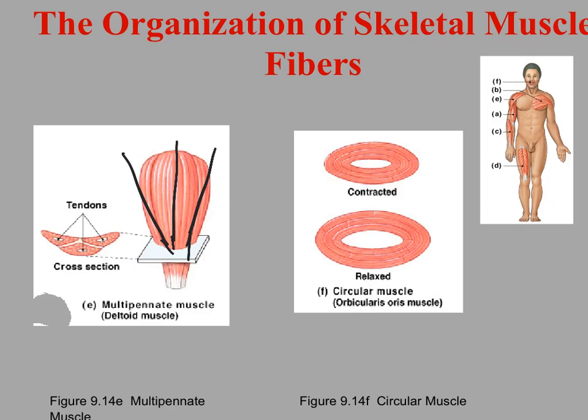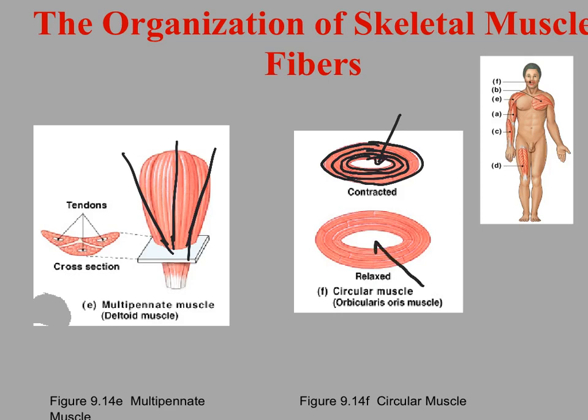And then finally, you have what's called a circular muscle fiber arrangement. So imagine muscle cells or muscle fibers arranged in a circular pattern. This arrangement allows us to have circular muscles that control openings in the body. When those muscle fibers contract, the opening to the body gets smaller.